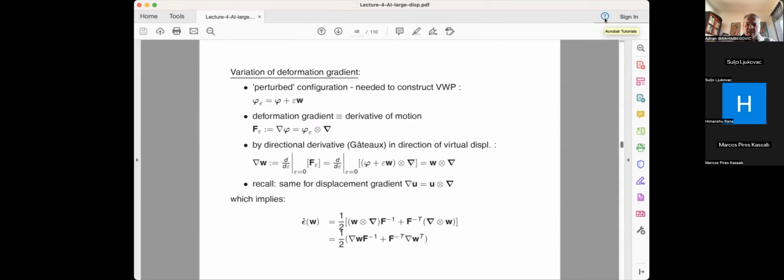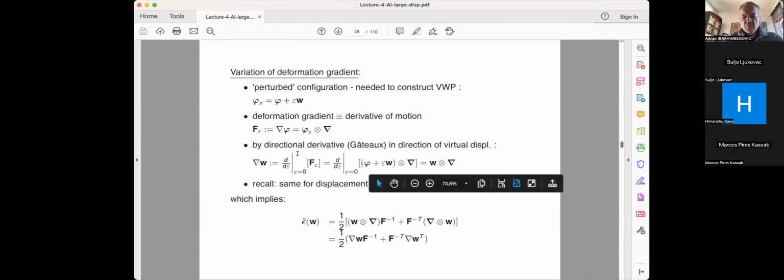Then the deformation gradient in this perturbed configuration is ∇φ_ε, which happens to be φ_ε⊗∇. And then if you take a directional derivative of this in the direction of the virtual displacement, you obtain that the variation of the deformation gradient is simply the displacement gradient of the virtual displacement, which is w⊗∇.